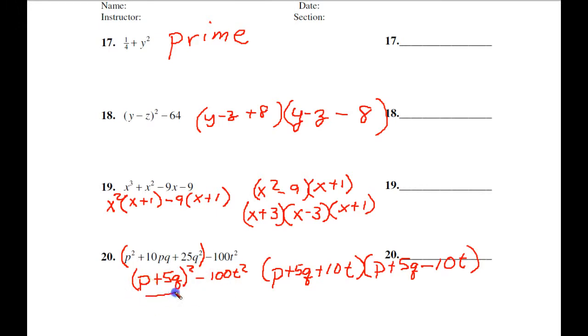So we just write this there, and then it's going to be a plus 10t right there, and a minus 10t.